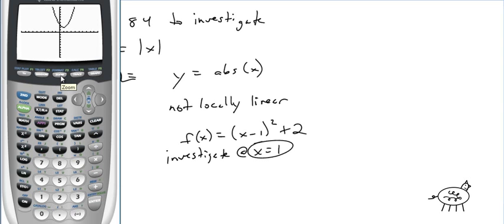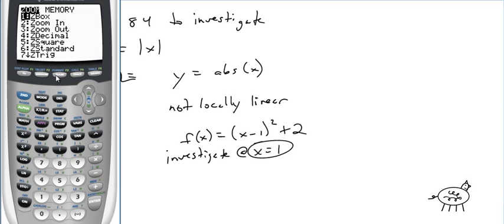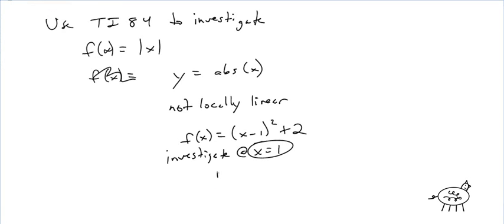If I do zoom in, that's okay, but really I'm zooming in on the origin here. I just want to show you, zoom in, hit enter. See how it's kind of over in that corner over there? What I want to do is set my window manually. I know my vertex for this problem is going to be 1, 2.